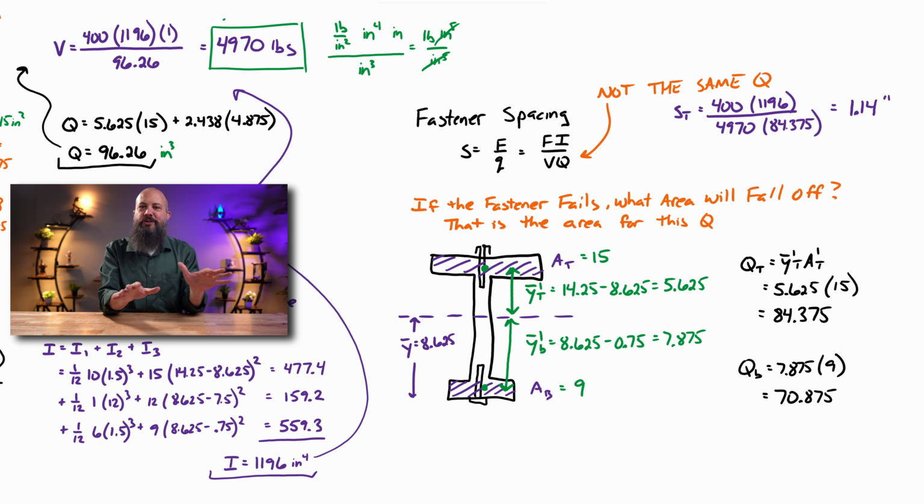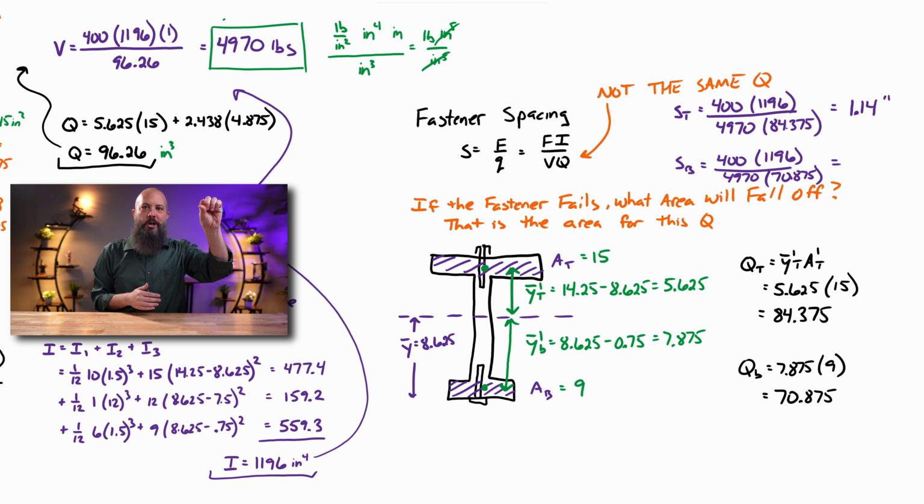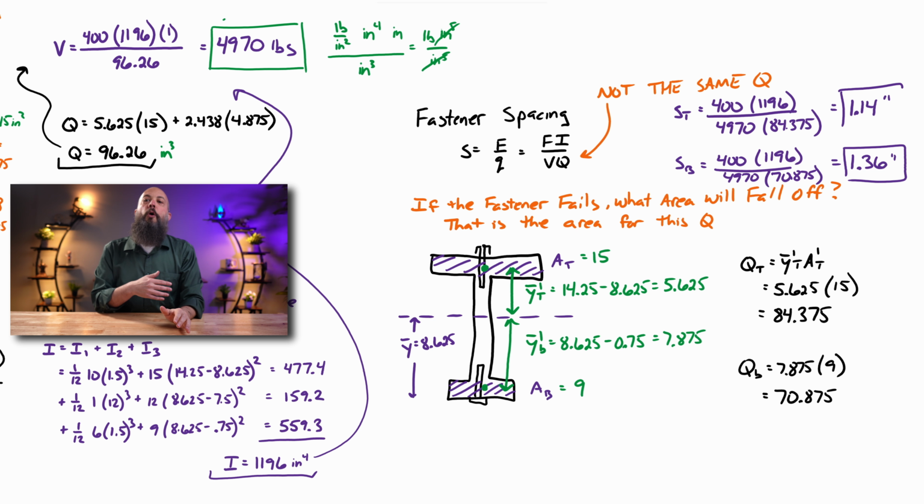That's still the maximum shear force. But a different value of Q for the top versus bottom nails is going to mean on the top, 1.14 inches is going to be your maximum spacing. And on the bottom, 1.36 inches maximum spacing.